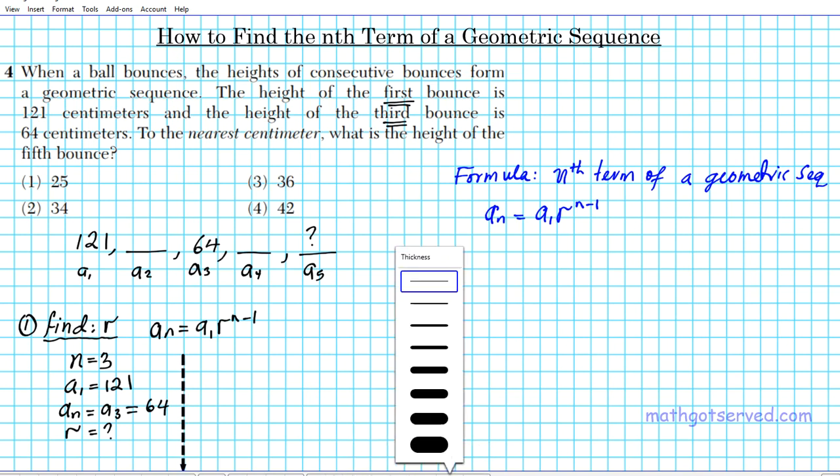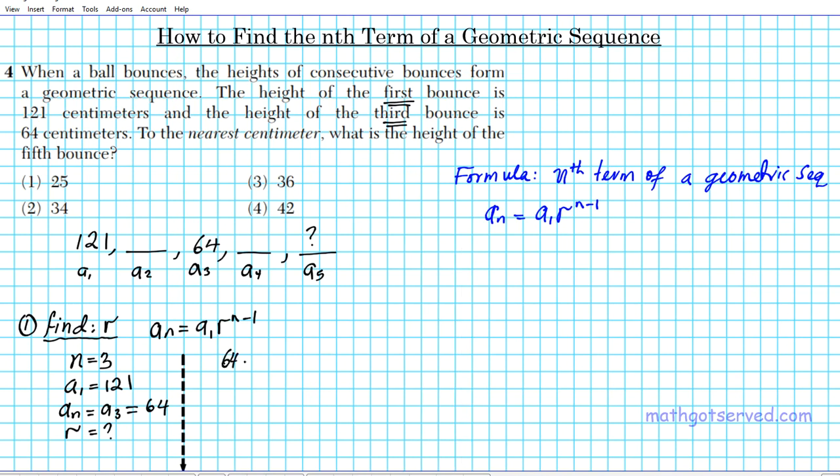Plugging into the equation, we have an, which is a3, 64, equals a1, the first term, 121, times the common ratio r raised to the n minus 1. So n is 3, so that's going to be 3 minus 1. So 64 is equal to 121 times r raised to the second power.